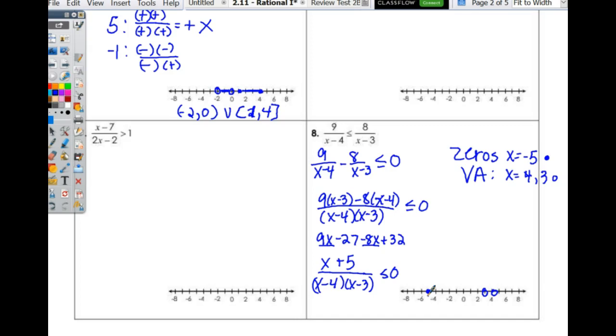So I want to just show you one more, okay? I want to show you this one. So first of all, I'm going to subtract the 1 because it's not equal to 0. I'm just going to do this to start with. So now we have to put it over a common denominator, correct? It's not. It's 0.